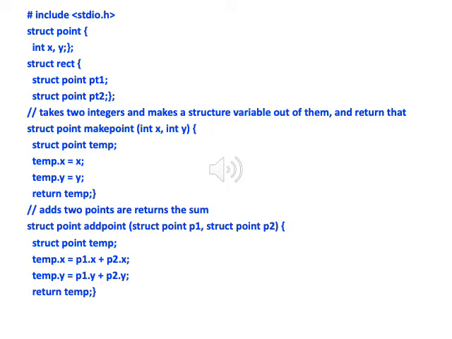Okay, so now what we are going to look at is a slightly larger program that illustrates various kinds of operations that can be performed on structures and structure variables.